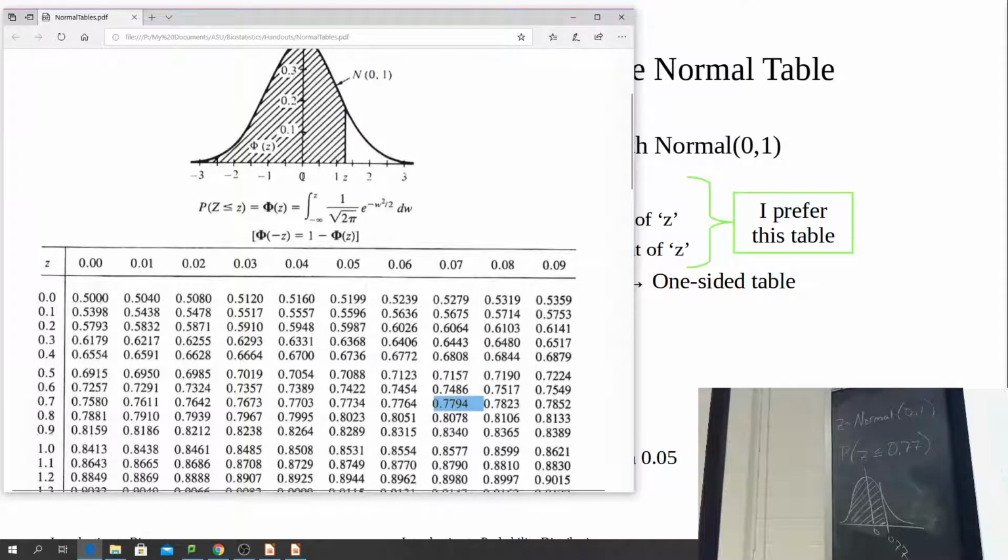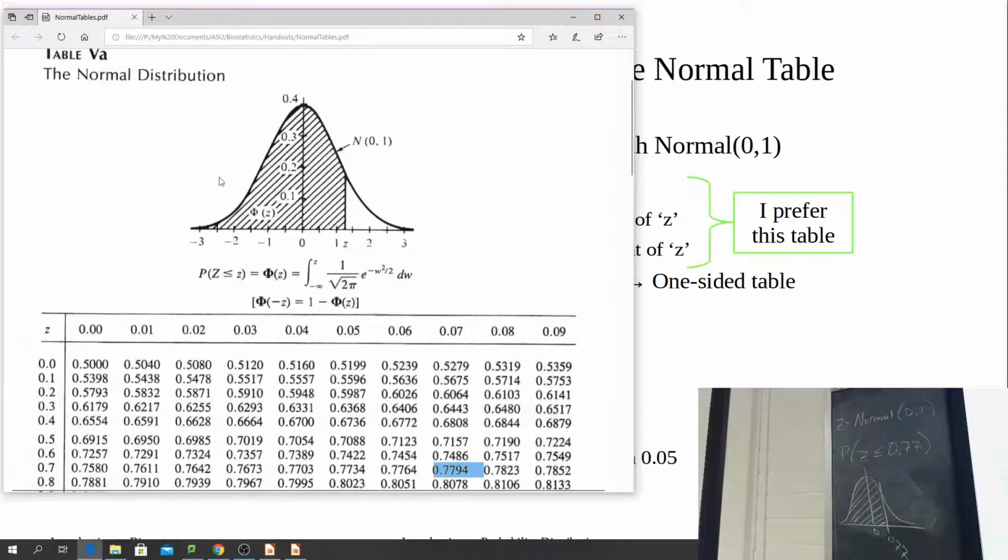The area to the left of 0 represents 50% probability, so we know we're at least 0.5, and then we go up to 0.77. If you remember those approximations, like 1 or 2 standard deviations away, the percentages could help you. But for this, it makes sense to just know that we have a value of 0.7794.